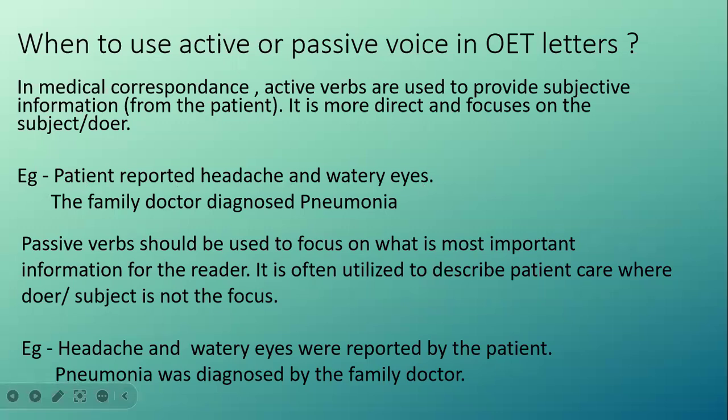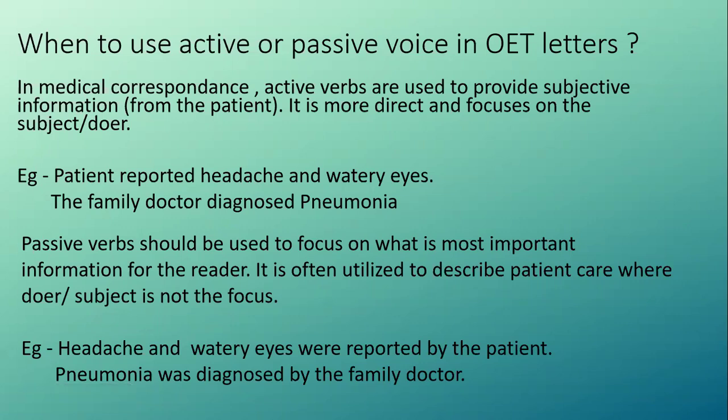On the other hand, if my focus has to be on the diagnosis, pneumonia, then rather than saying family doctor diagnosed pneumonia, I can say pneumonia was diagnosed by family doctor, because I think in my OET letter, the important thing for my reader is to know about the part of care.